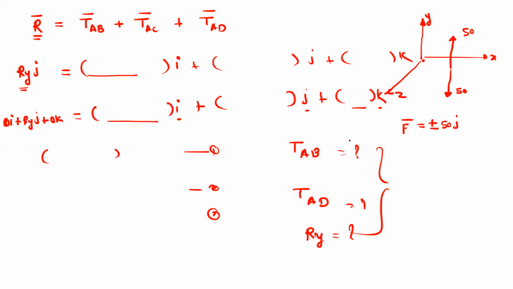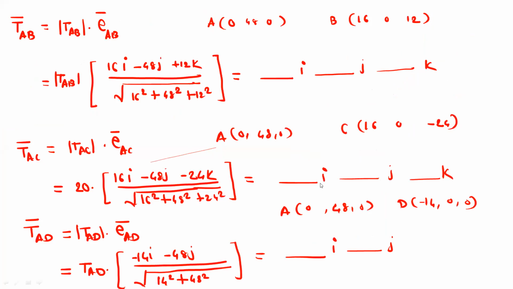So calculate these values: tension AB bar in the vector form, tension AC bar in the vector form, tension AD bar.